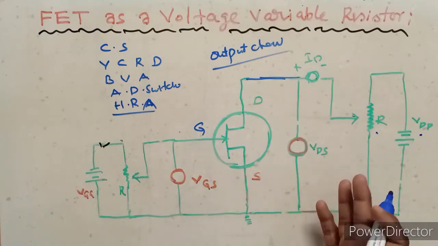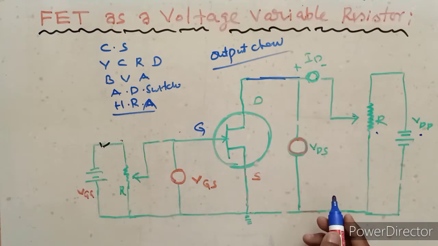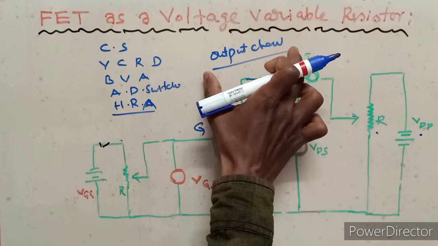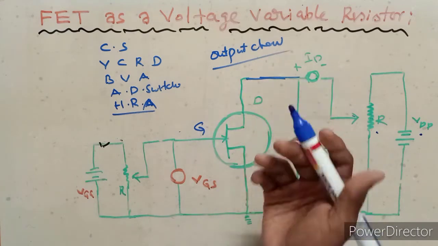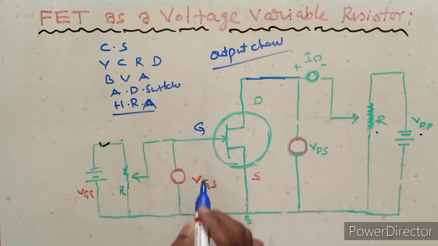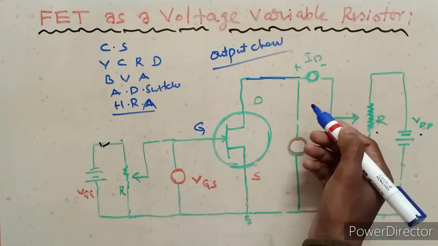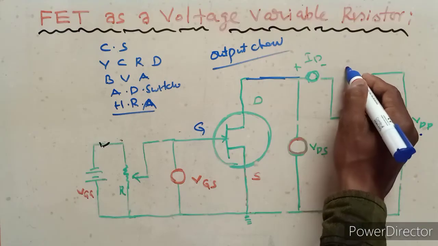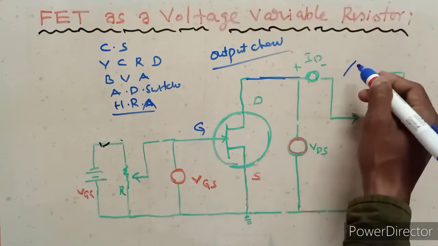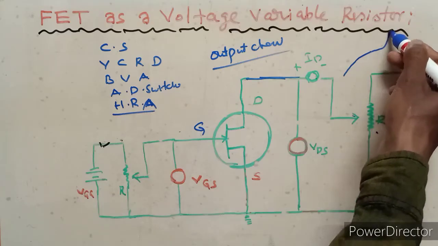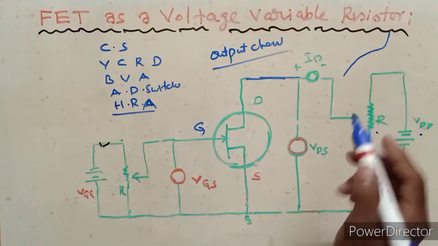But sometimes, in the drain characteristics or output characteristics, there are some regions. First region is the ohmic region, second region is the saturation region, third region is the pinched off region, fourth region is the breakdown region.